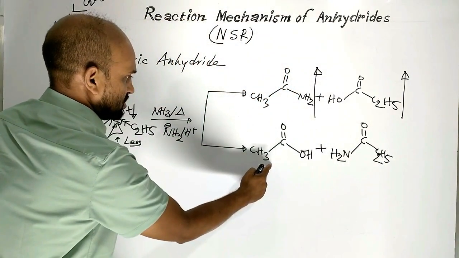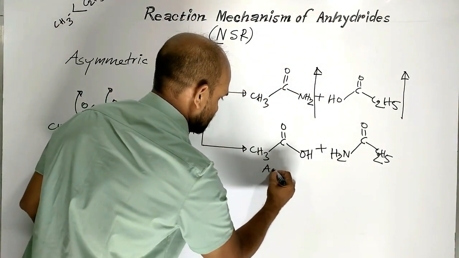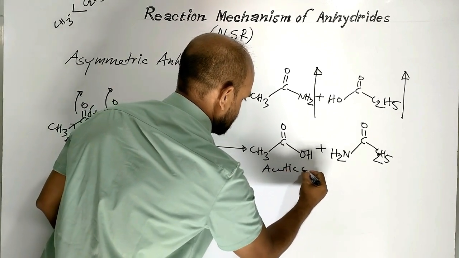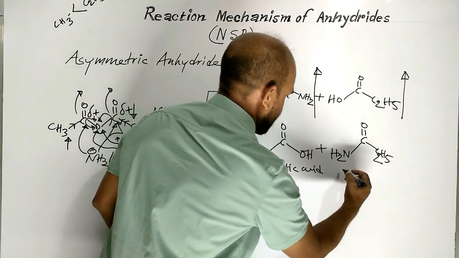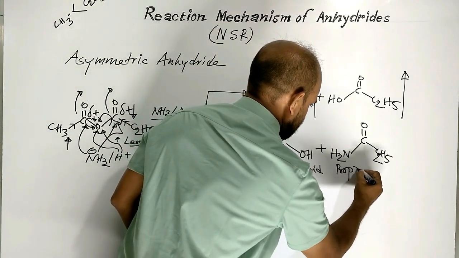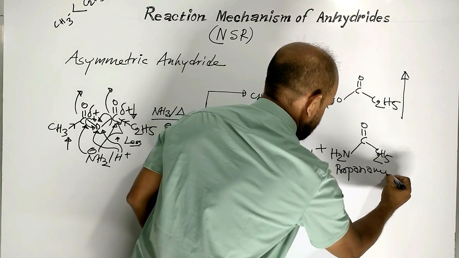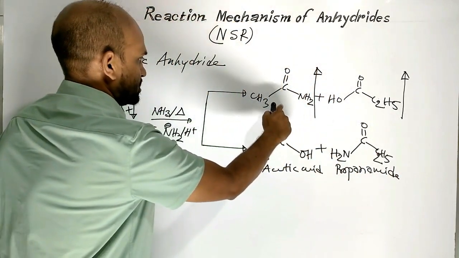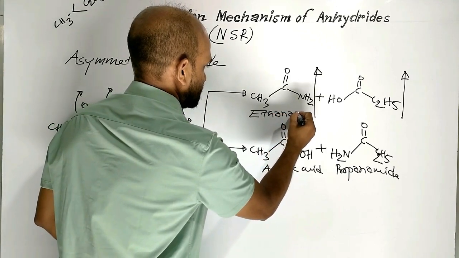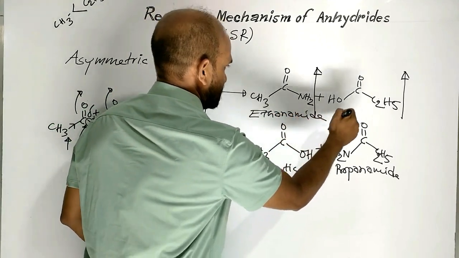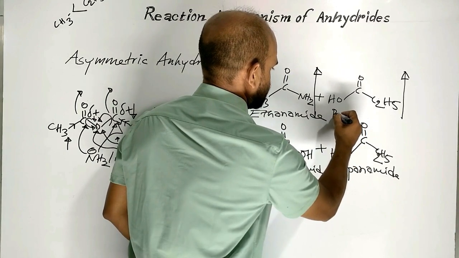That is acetic acid, and this is propanamide. Here this is ethanamide, this is propanoic acid.